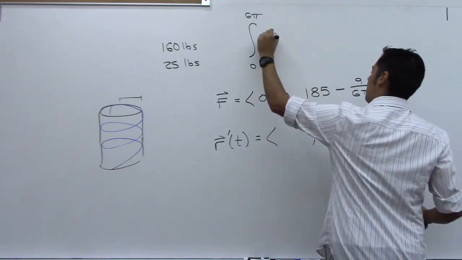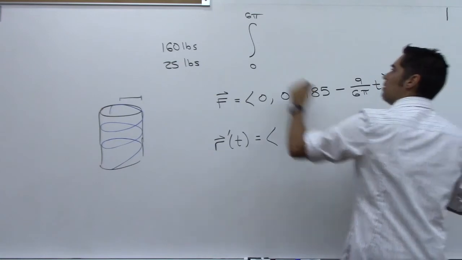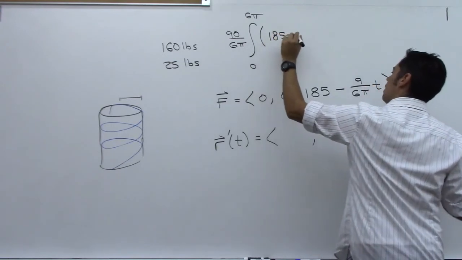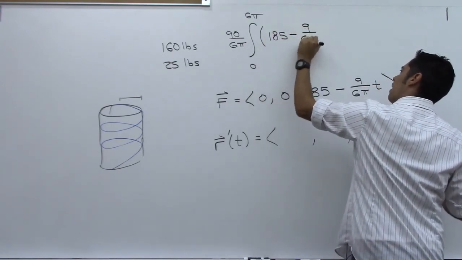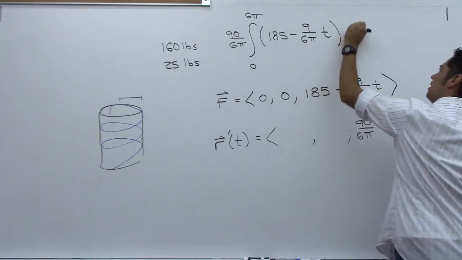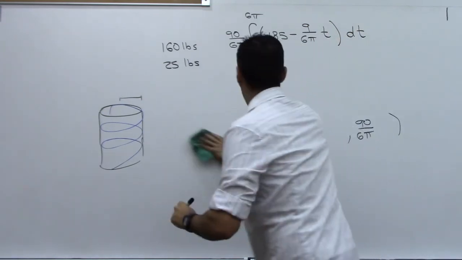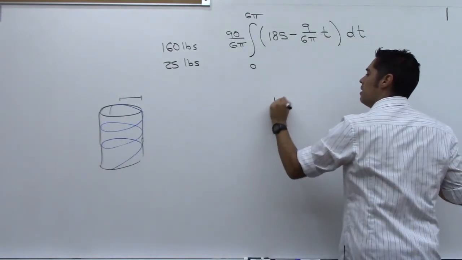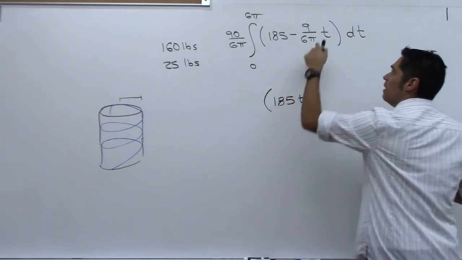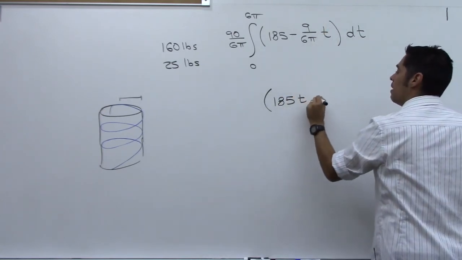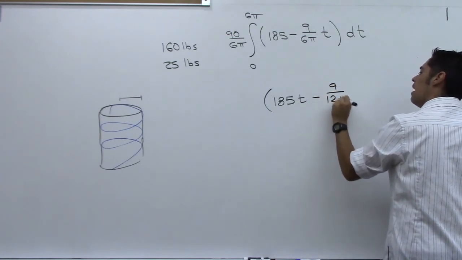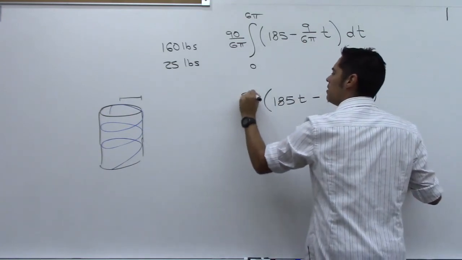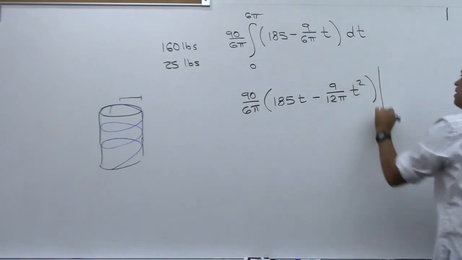I can take the 90 over 6 pi out as a constant, and then have 185 minus 9 over 6 pi t dt. That's going to be a different answer, because you have to integrate this with respect to t. You get 185 t, and integrating the other term, t squared over 2, you should have minus 9 over 12 pi t squared. That's the antiderivative of each of those, with a constant out front, evaluated from 0 to 6 pi.